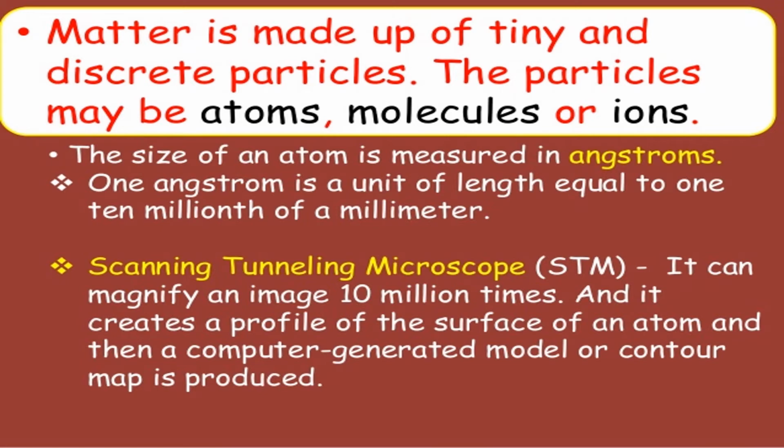This is the one that we are going to use. It can magnify an image 10 million times, and it creates a profile of the surface of an atom, and then a computer-generated model or contour map is produced.